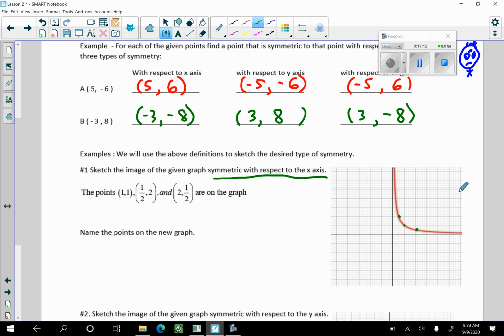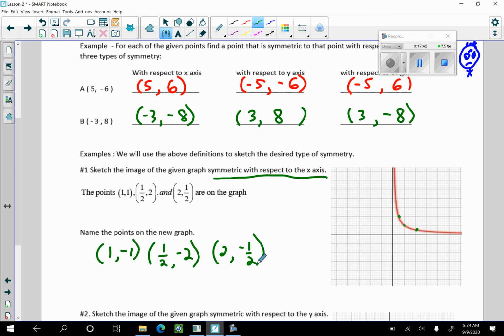Before I do that, because it's sometimes hard to see the graphical representation, I'm going to go ahead and write the points down. The x's remain the same, the y's go negative. The x remains the same, the y goes negative.